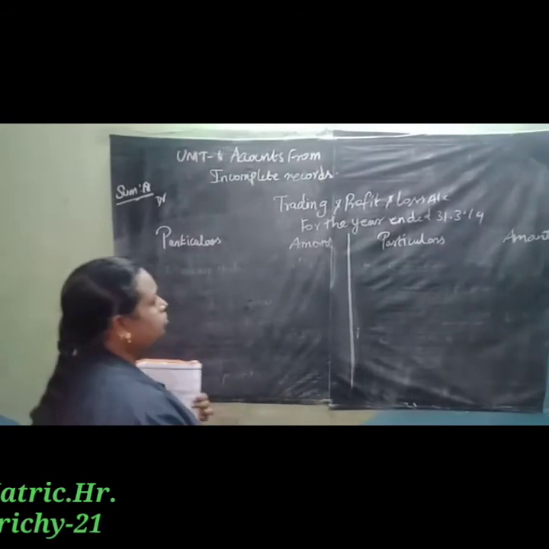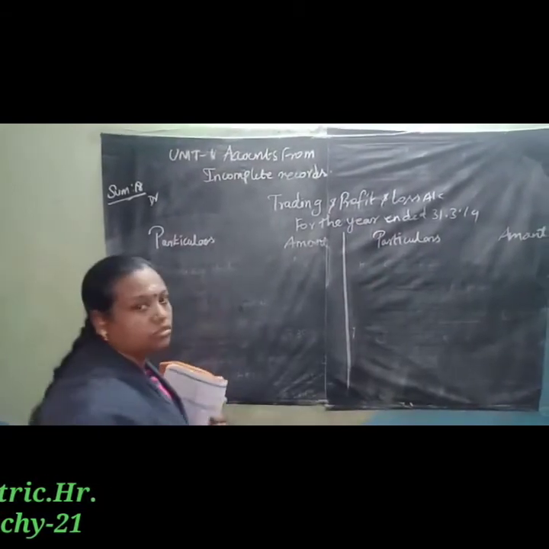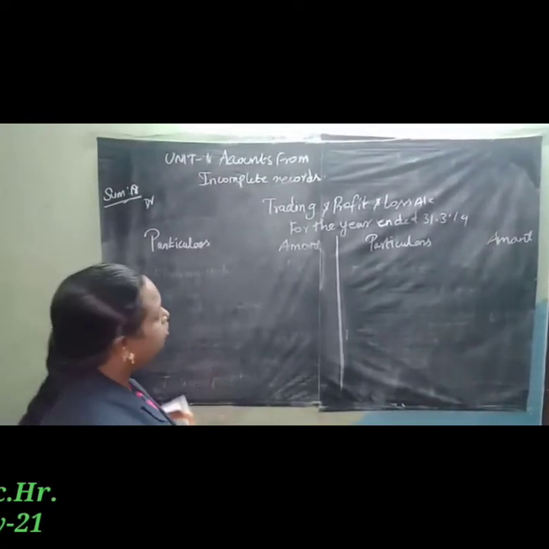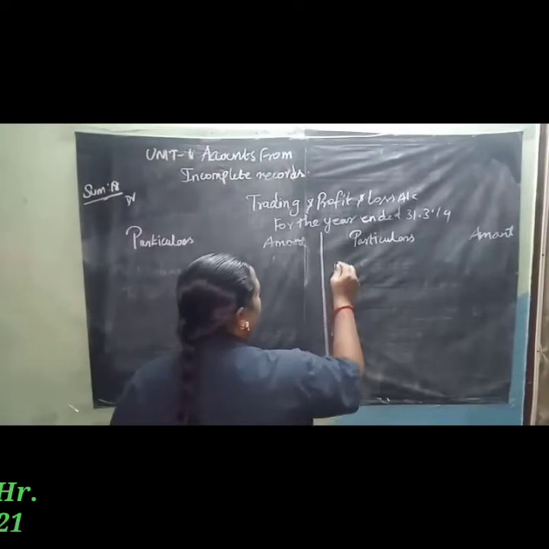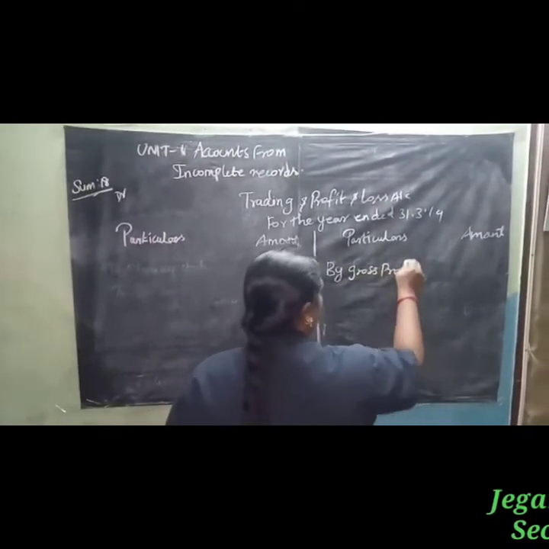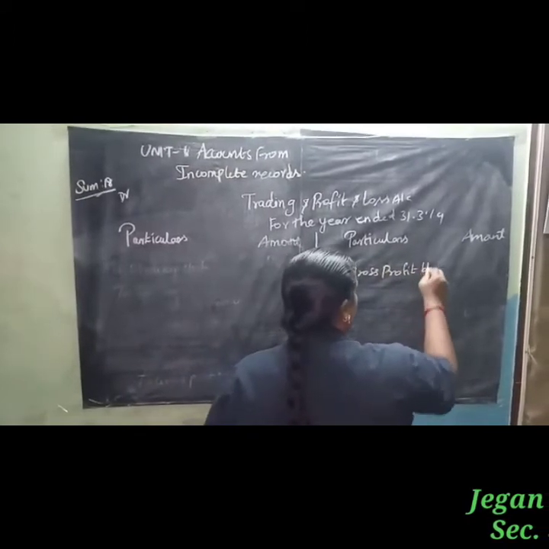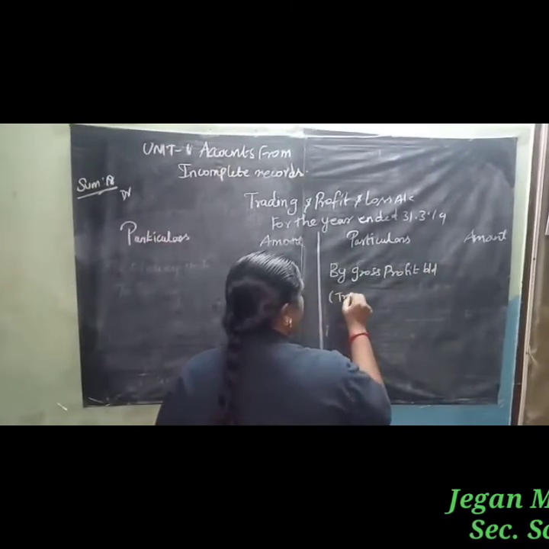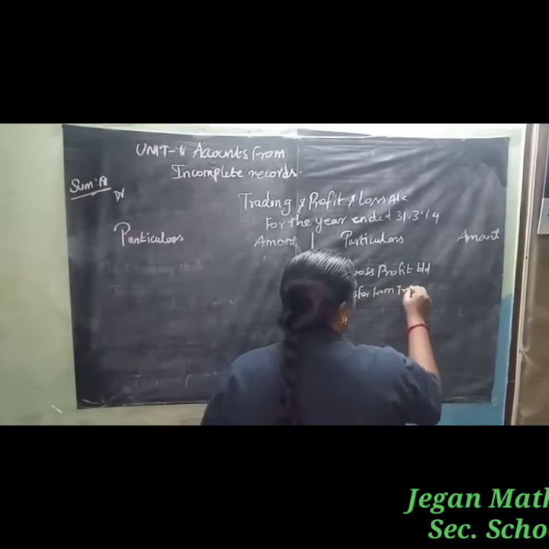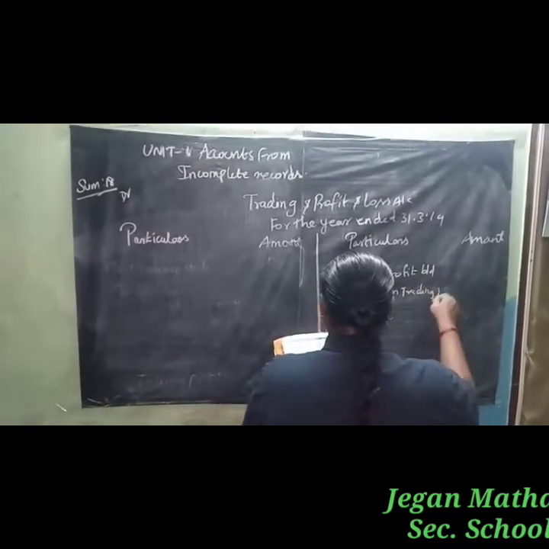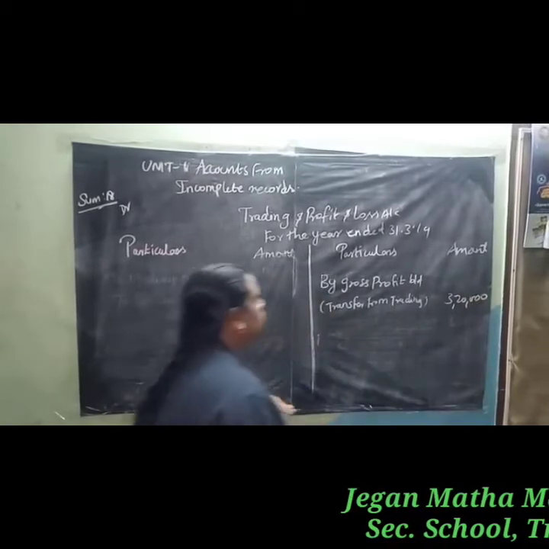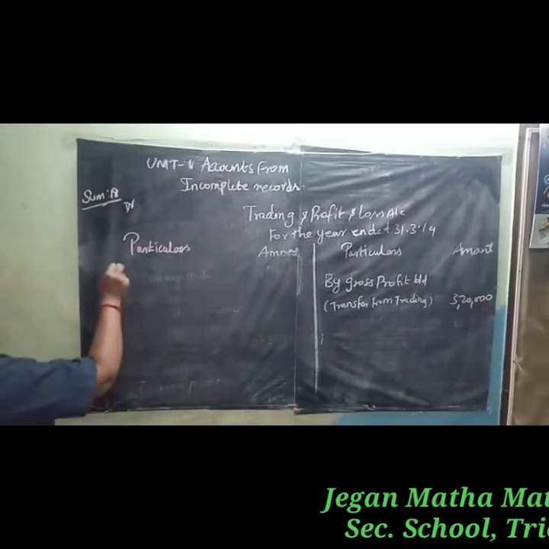Next we are going to work out the profit and loss account. We write the gross profit on the credit side, transferred from the trading account, 3,20,000. In the profit and loss account we enter all the indirect expenses.